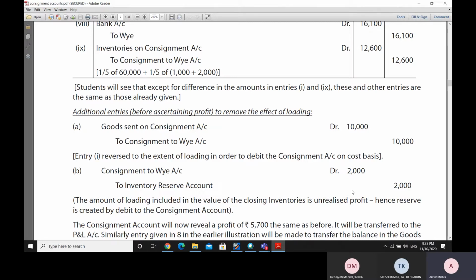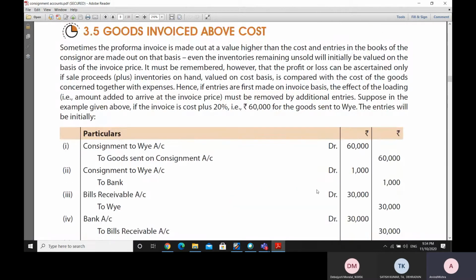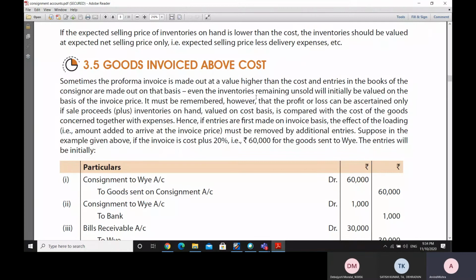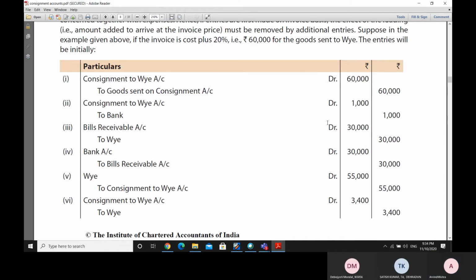Now let us understand the reason for creating this reserve once again. In the pro forma invoice, cost plus 20% value is added so that a better price can be fetched. Now once the transaction is over, we need to value the remaining material that is left out, and to value that we have to bring the value back to the cost.